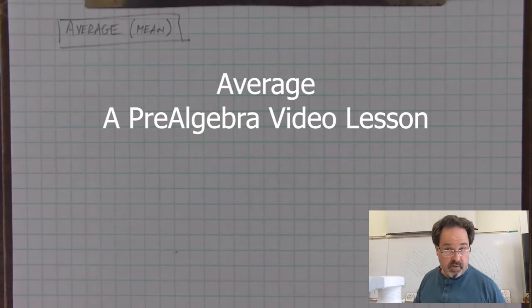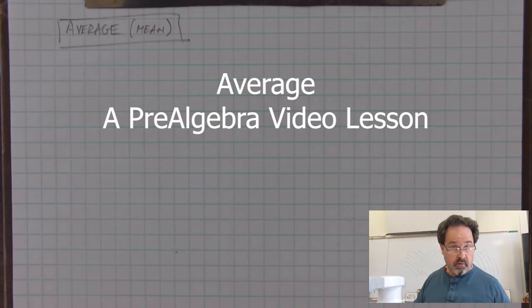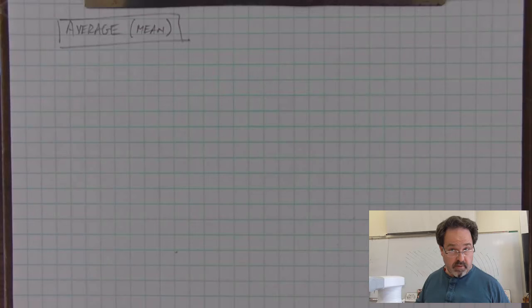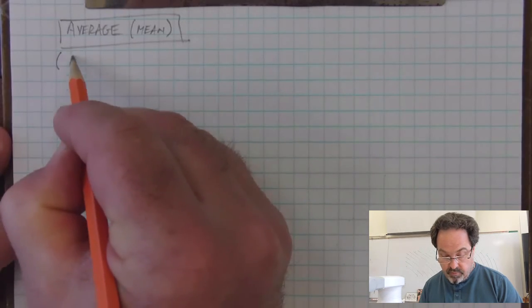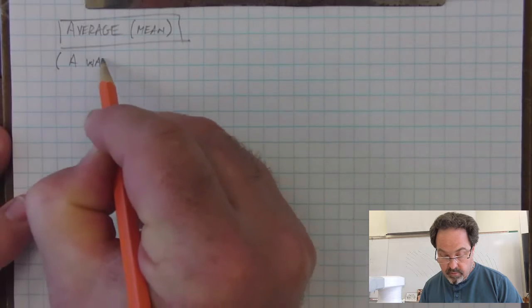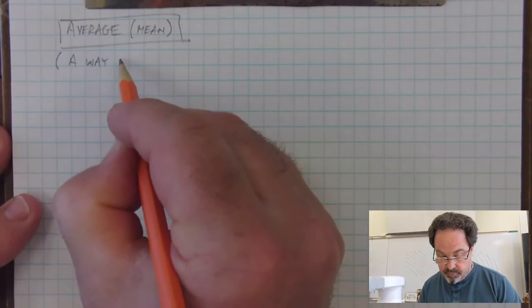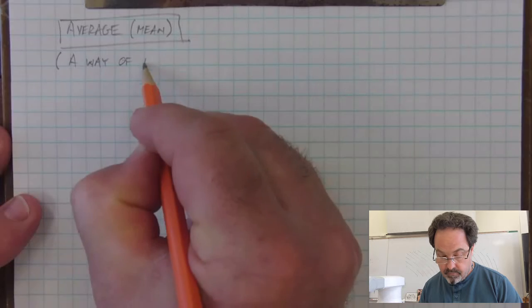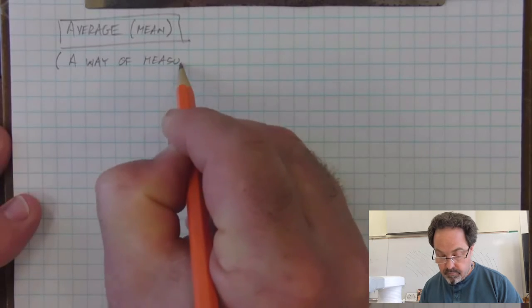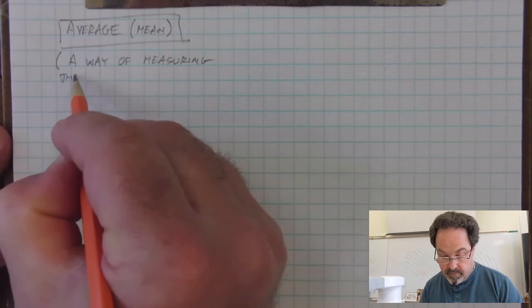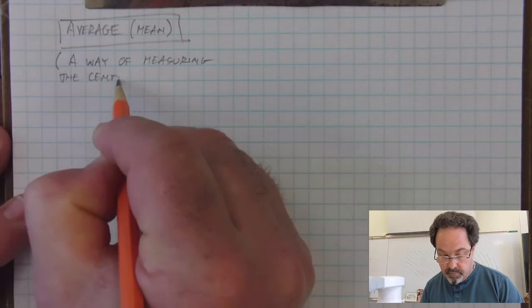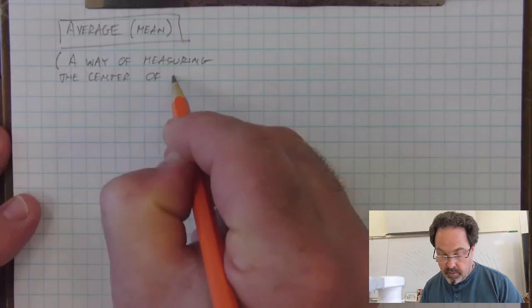This is a video lesson on average. Another word for average is mean. An average is a way of measuring or finding the center of a set.